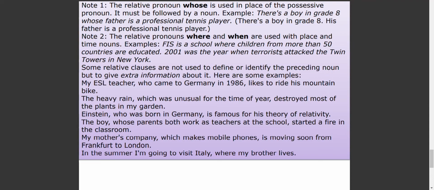The heavy rain, which was unusual for the time of year, destroyed most of the plants in my garden. Einstein, who was born in Germany, is famous for his theory of relativity. Alright, the boy whose parents both work as teachers at the school started a fire in the classroom.